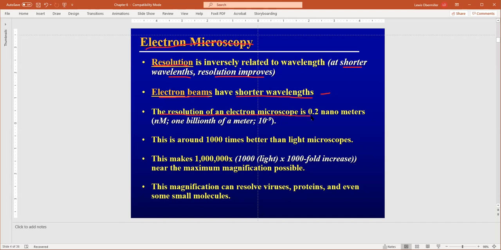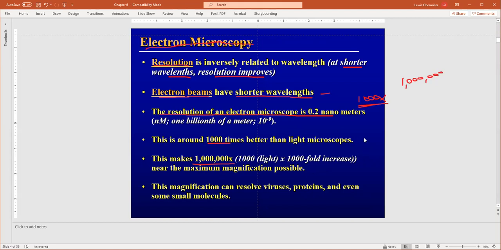It's about 1,000 times less wavelength than it is for light, and because of that, we can do about 1,000 times more magnification. So 1,000 times 1,000 is 1,000,000. 1,000,000x is the maximum magnification that you can do using an electron microscope.